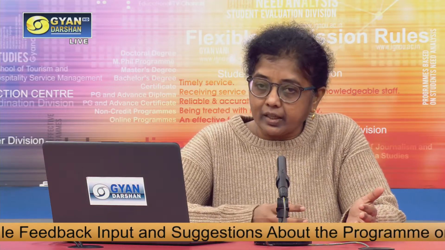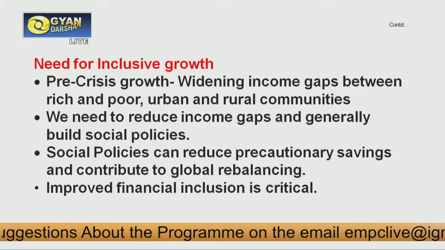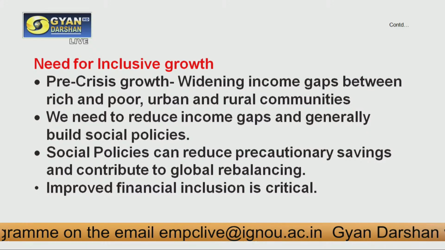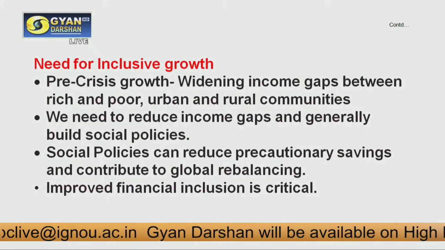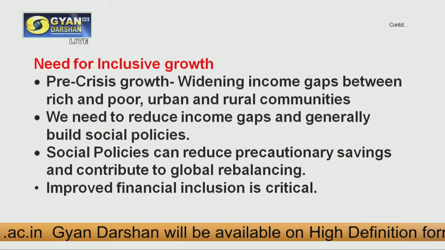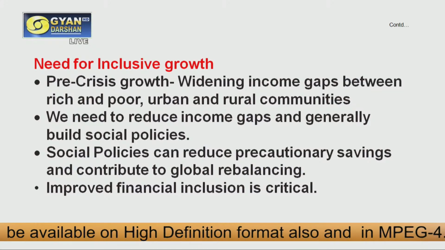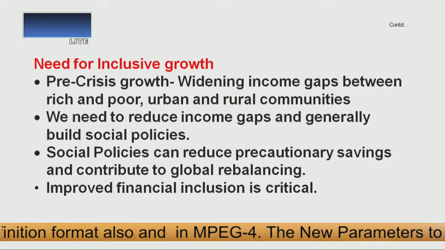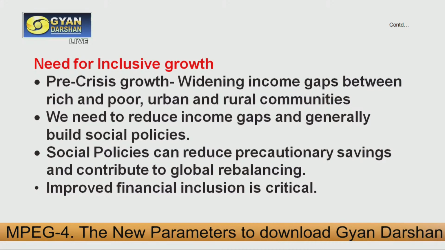Now let us learn about the need for inclusive growth. For example, in pre-crisis growth there were widening income gaps between rich and poor, and urban and rural communities, which is very important. We are already in the era of neoliberal economic policies. Here, a certain population is growing and able to accumulate income.